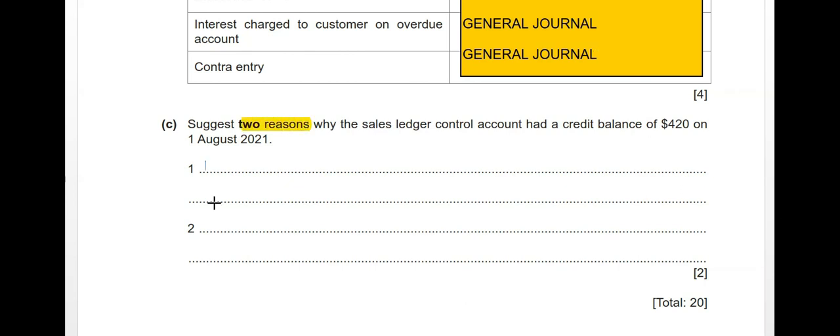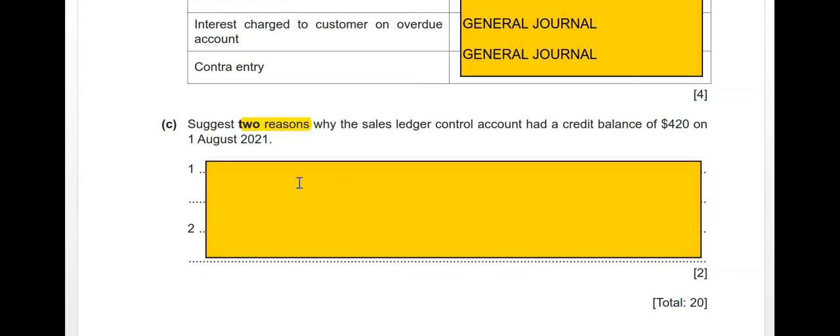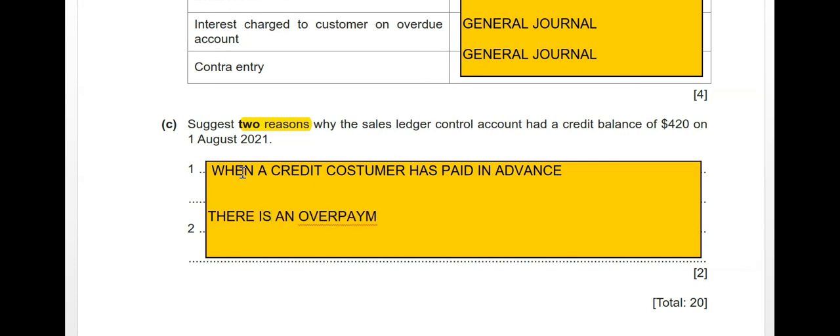Now the reasons that can be there are, firstly, when a credit customer has paid in advance, that's one reason when they can have a credit balance, or when there is any sort of an overpayment. So when a customer has overpaid due to any reason, that will also show a credit balance on the sales ledger control account.